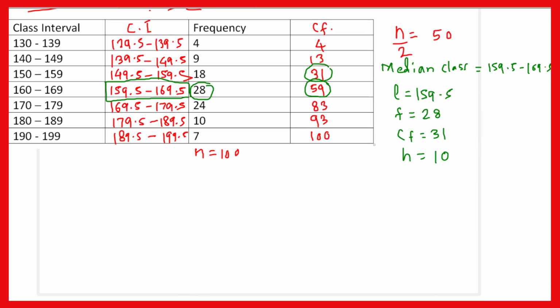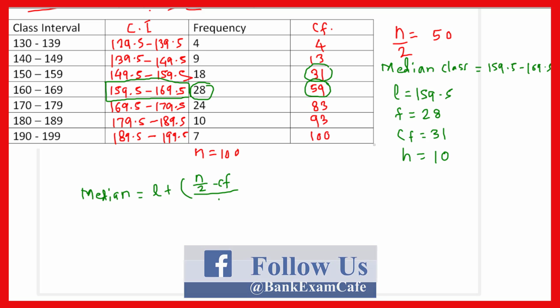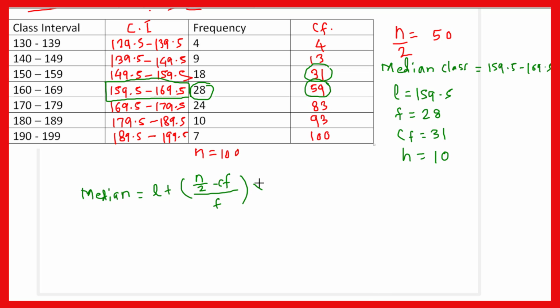Now once we have got all these things, we use the formula to find the median. So median is equal to L plus into bracket n by 2 minus cumulative frequency cf upon f, close the bracket, into h. Now put the values.